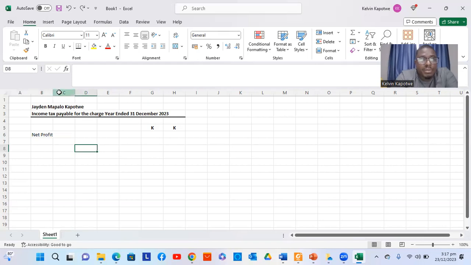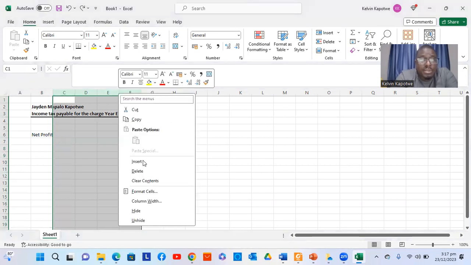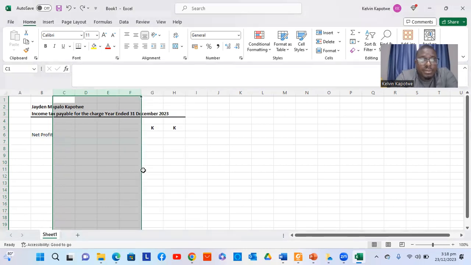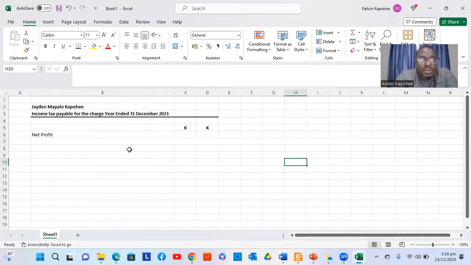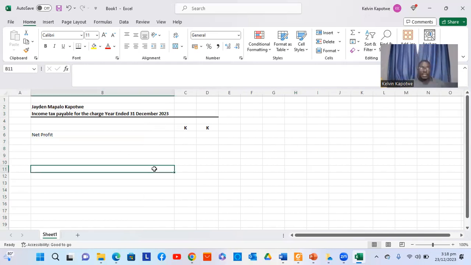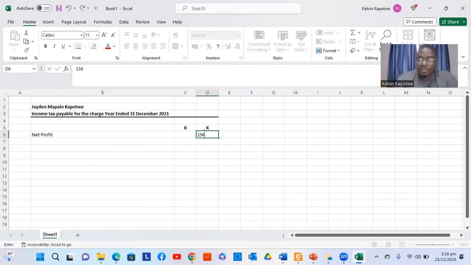Okay, so let me just delete these columns here. All right, great stuff. That's what I wanted. So the net profit in the account is 156,400.